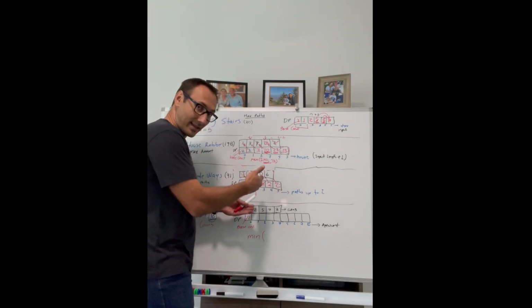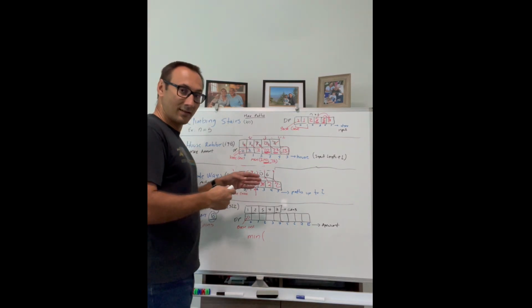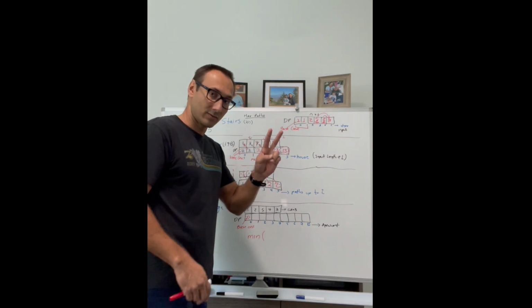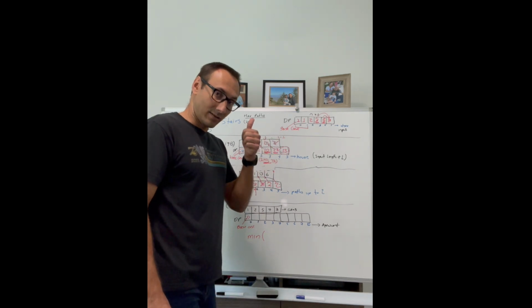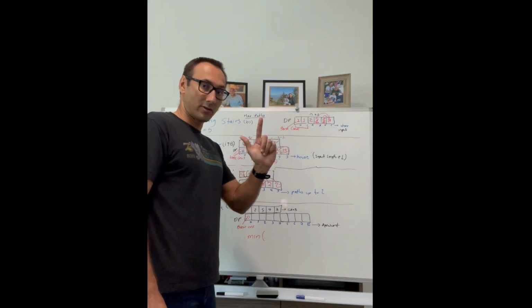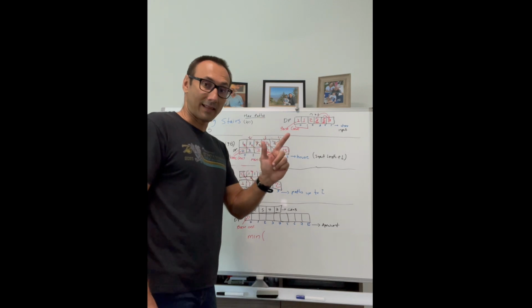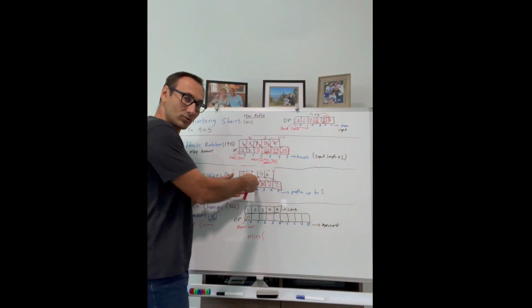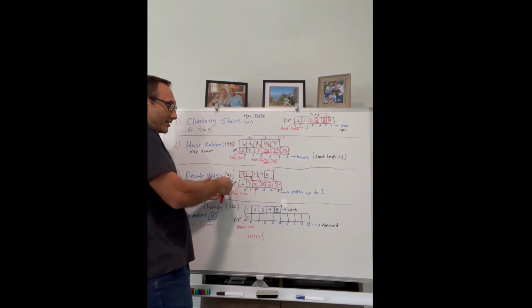In this case, because the problem is basically making you make two decisions, you can encode one character or two characters if they are valid. So that's why you are tracking two steps back.